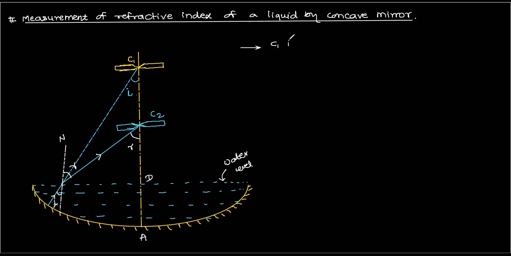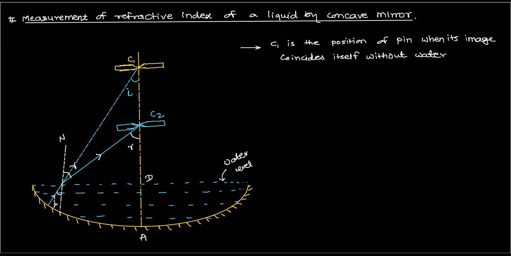C1 is the position of the pin when its image coincides with itself without water. Next line, what is the C2 here?